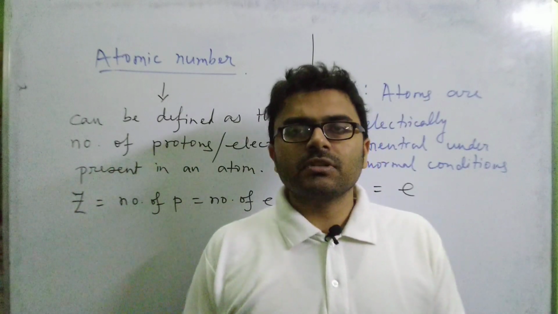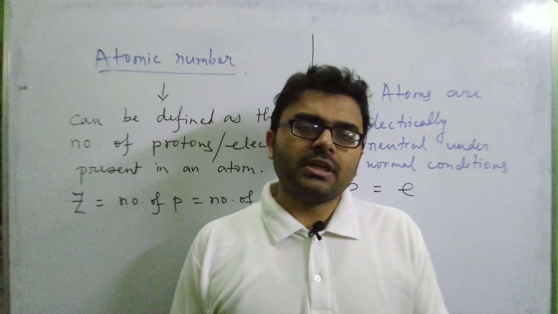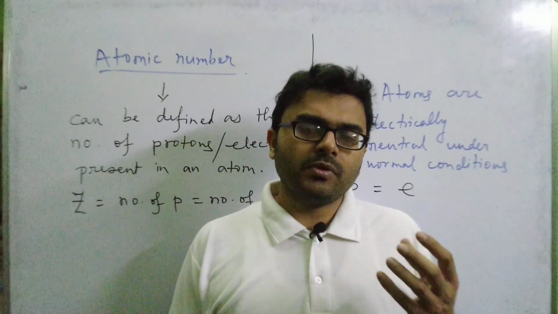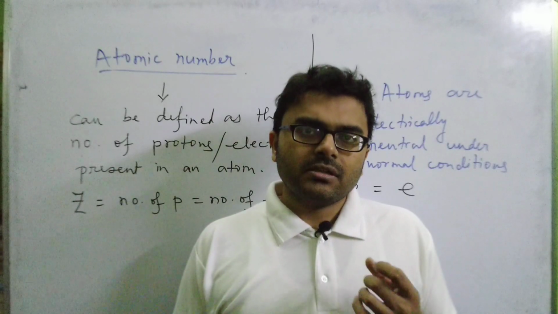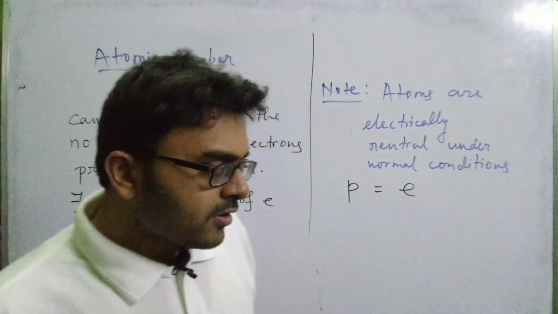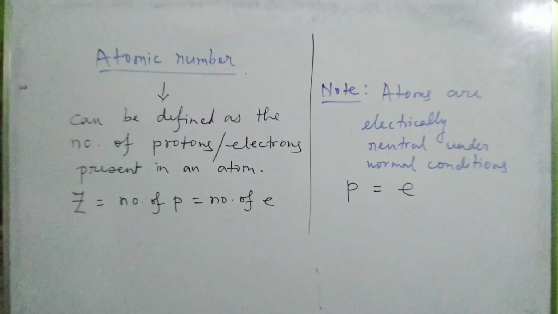So once you recognize the atomic number, you can easily consider that particular atom to be the particular element matching with the atomic number. Okay, so that is basically what is known as the atomic number. I think the concept of atomic number is clear to all of you.